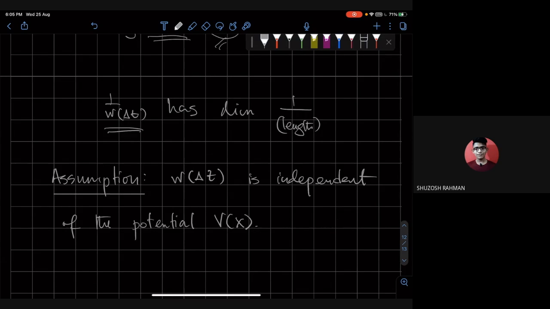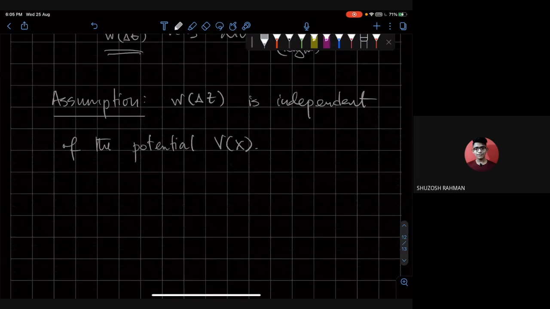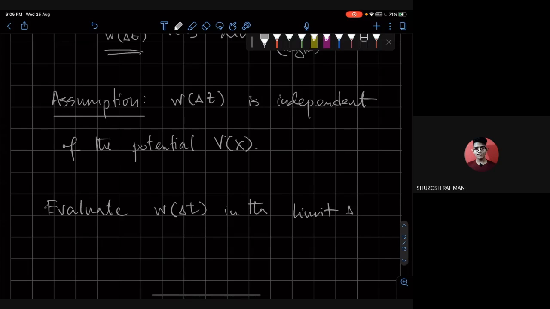So what we are going to do is evaluate W delta t in the limit in which delta t goes to 0, or in the limit where n goes to infinity. Okay.